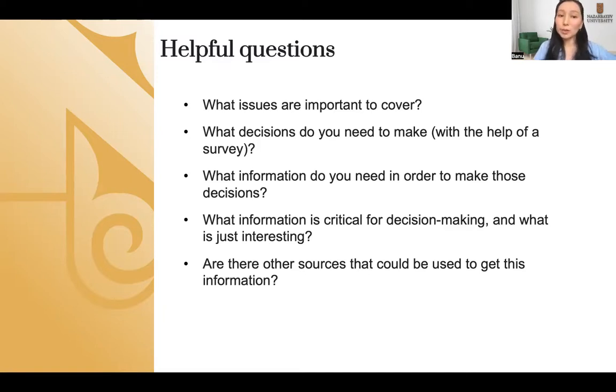What information is critical for decision making, and what is just an interesting fact that you would like to learn? And I think it's also very important to ask yourself whether there are other sources that could be used to get this information or to supplement the information that you need.